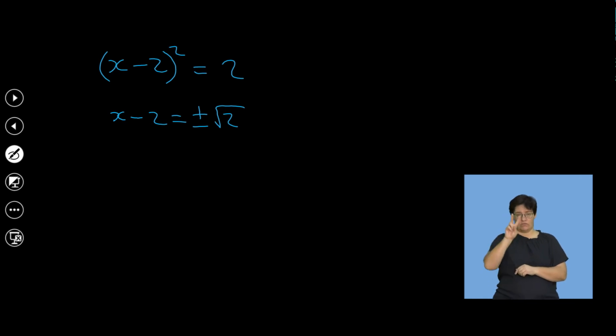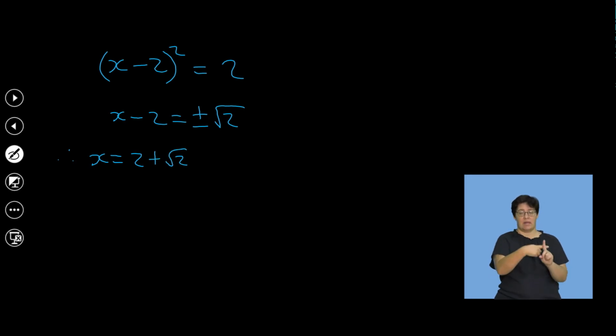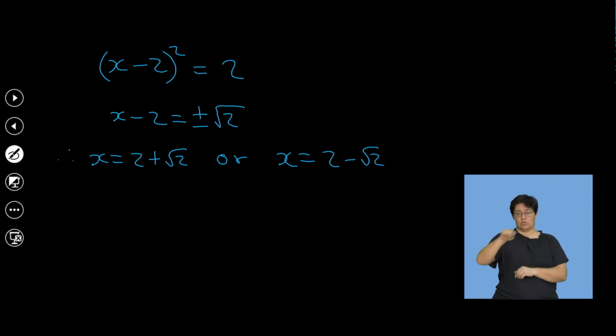Then my solutions will be x equals 2 plus square root of 2, or x equals 2 minus square root of 2, right? Firstly, it's me taking that negative to that side, which becomes a positive. That's where the 2 comes from, and then the plus and the minus.